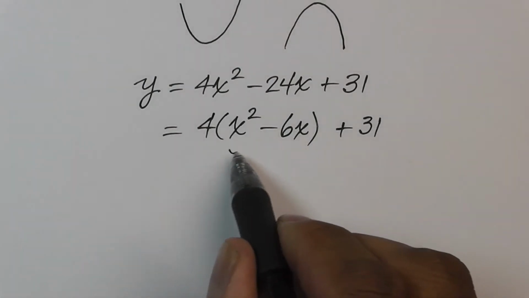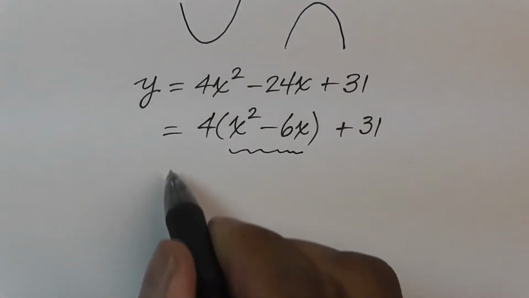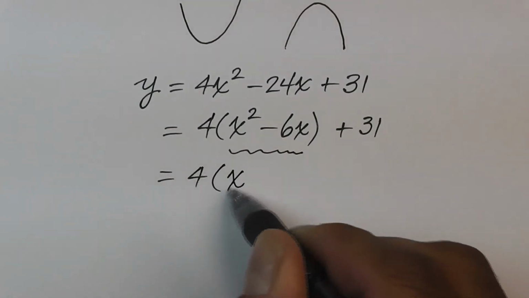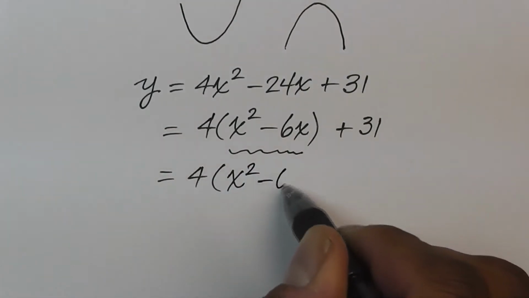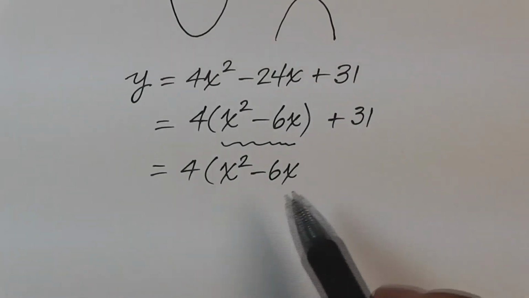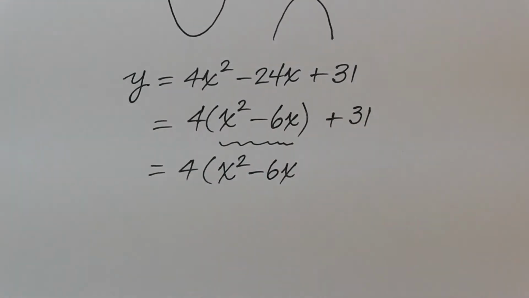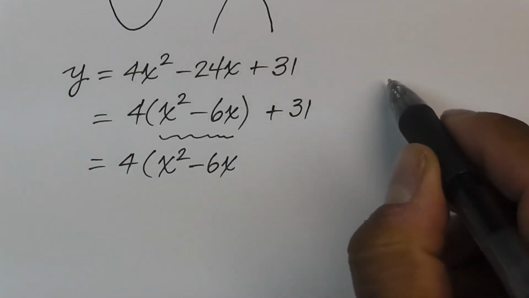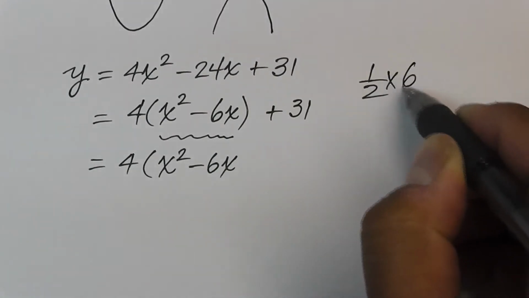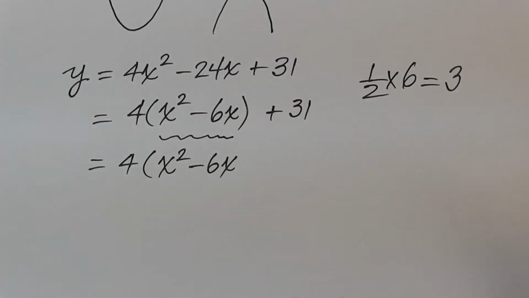Now, what I want you to do is focus on what's inside the brackets. So I'm going to write down 4 times x squared minus 6x. Now, take that 6. So I'm going to do on the side 1 over 2 times 6, which is going to give us 3.